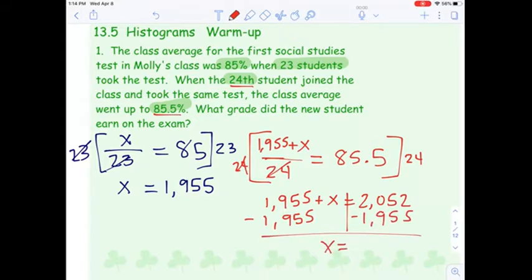I'm then left with x equals, and when I subtract those, I get 97%. So the 24th student would have to score a 97% in order to bump the average up to 85.5%.